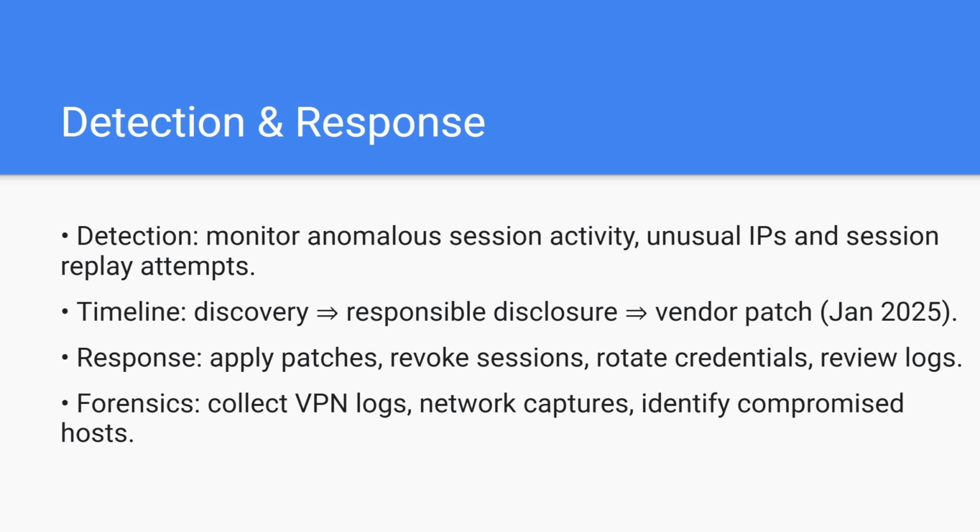In response, operators should prioritize patching vulnerable devices, revoking active sessions or forcing reauthentication, rotating any exposed credentials, and conducting log and network forensics. Forensics should include collecting VPN logs, reviewing session tokens and timestamps, and scanning internal hosts for lateral movement or persistence.